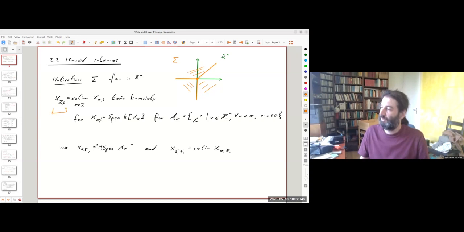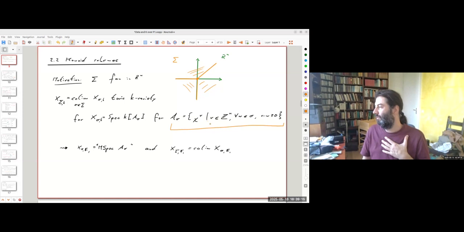And the toric variety X_sigma of this fan is defined as a colimit of certain affine toric varieties X_small sigma. Colimit means union, if you want. It's covered by these affine toric varieties, where X_sigma is the spectrum of the monoid algebra k[A_sigma], where A_sigma is a monoid or semigroup given by all v in Z^n of the dual cone.